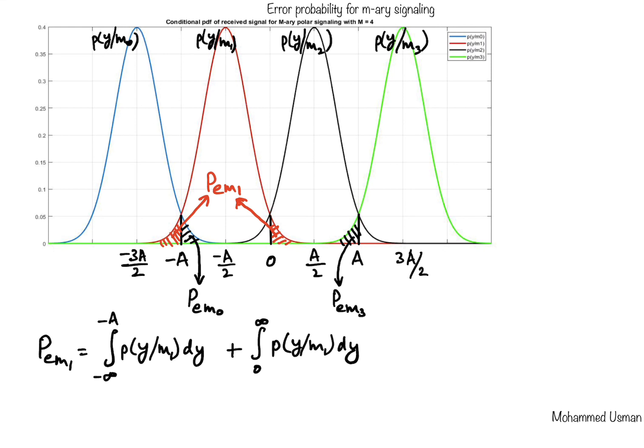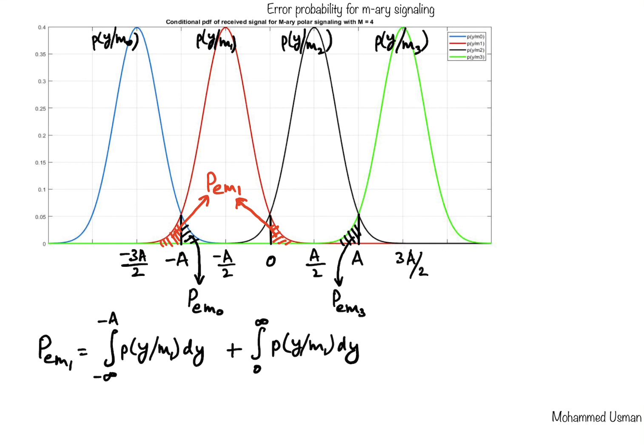So this is the error probability when M1 is transmitted. It is the sum of these two areas, which is to the left of minus a and to the right of 0 under the conditional PDF when M1 is transmitted.